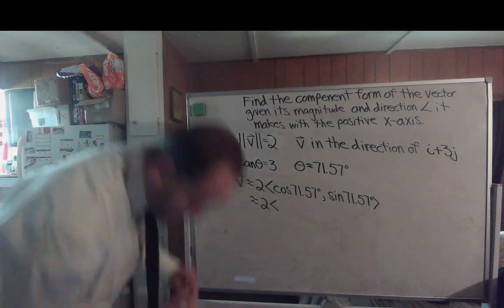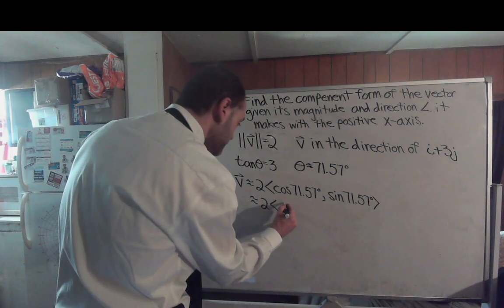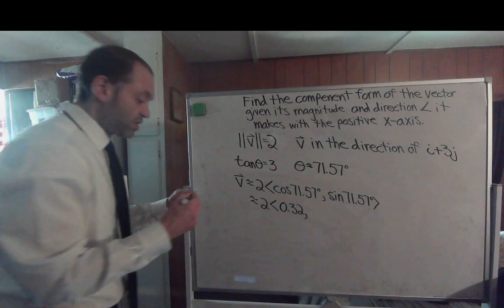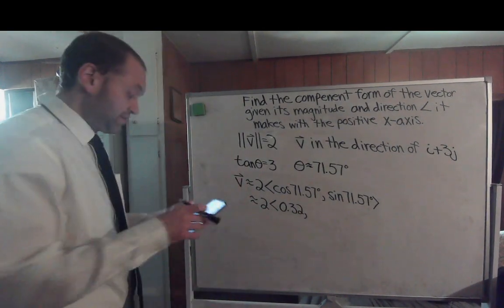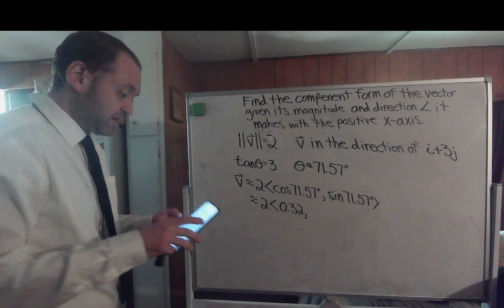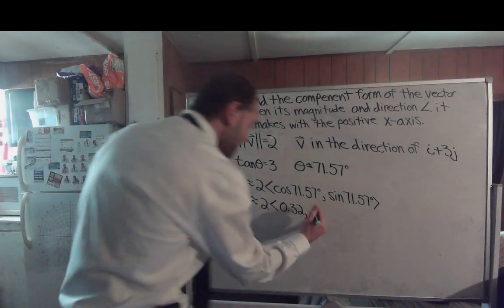Alright, so to 2 decimal places, this is about 0.32 for the cosine of 71.57. What about the sine of 71.57? I get about 0.95.